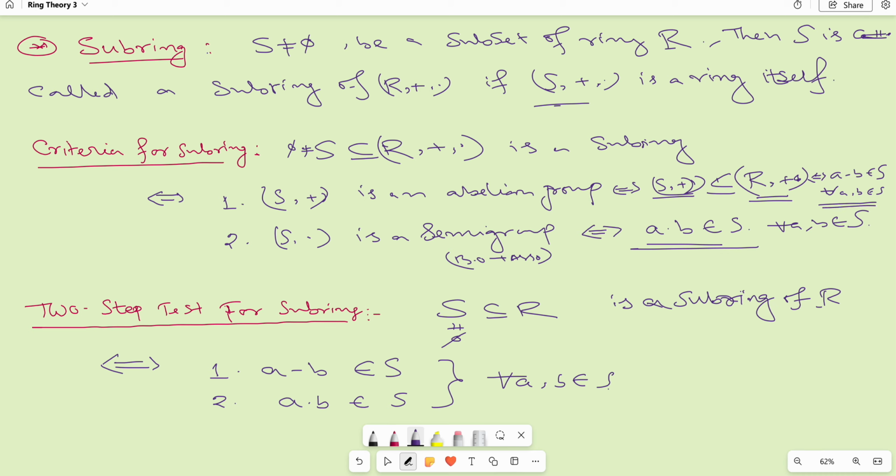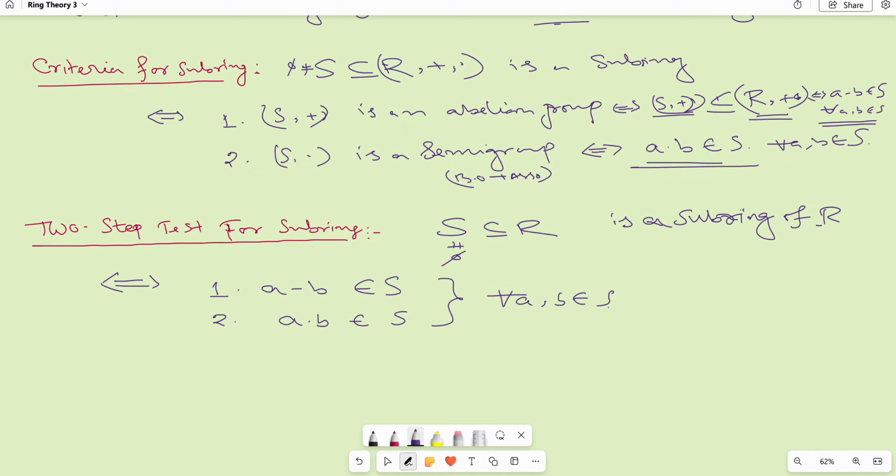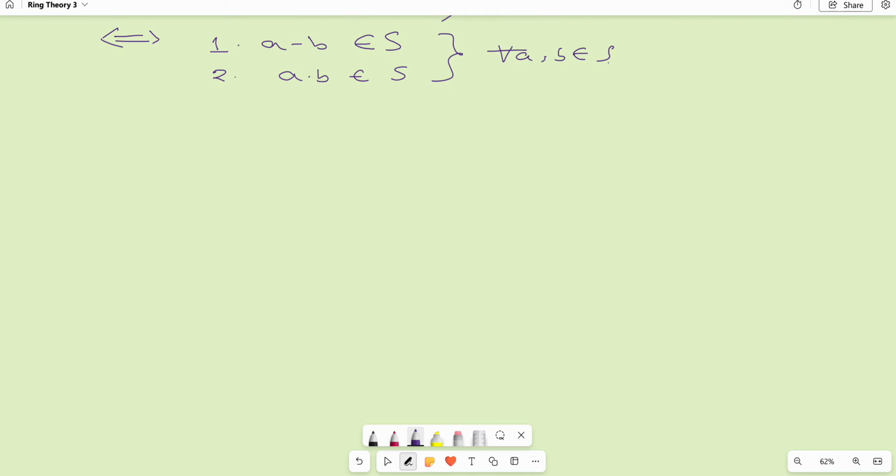What is the test for a subgroup? a minus b, or a b inverse, inside S. So if these two properties are satisfied, then S is a subring of R. That's it, nothing else is here. Now I am going to give some examples.